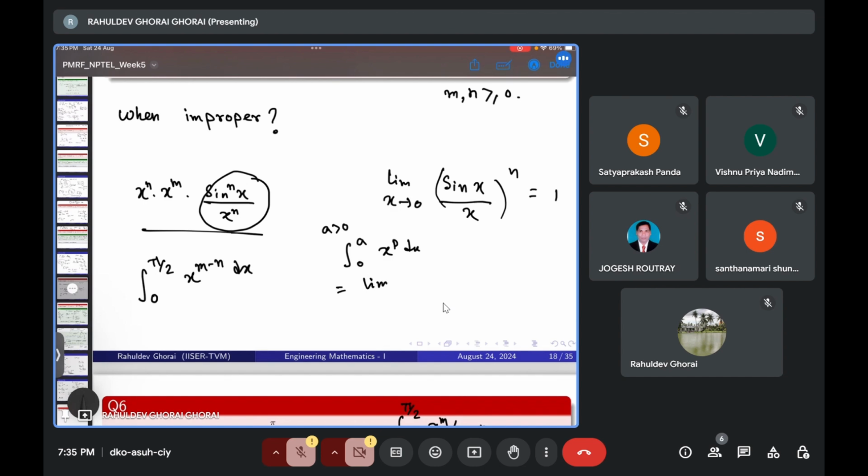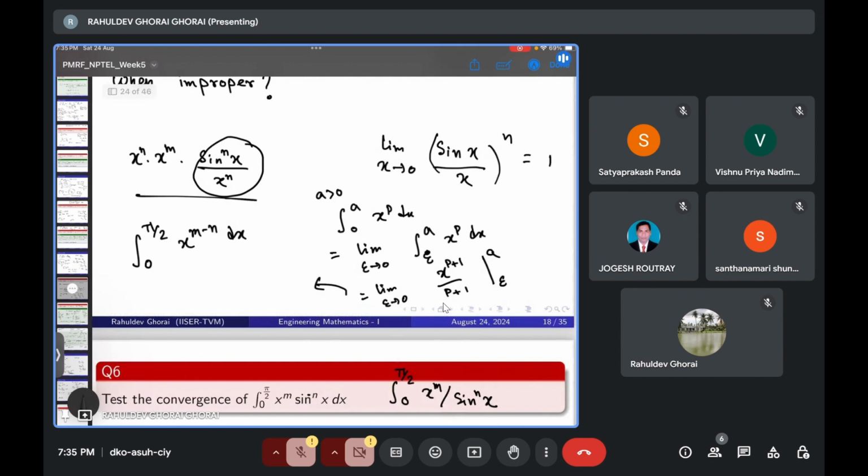What I will write is the limit as epsilon tends to 0, integral from epsilon to a of x to the power p dx. That is nothing but limit as epsilon tends to 0 of x to the power p plus 1 over p plus 1, from epsilon to a.